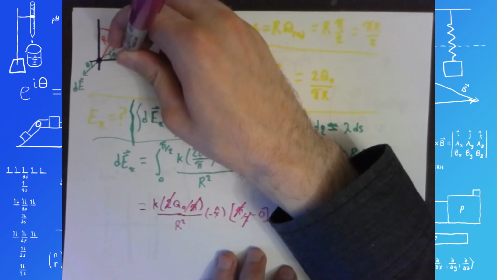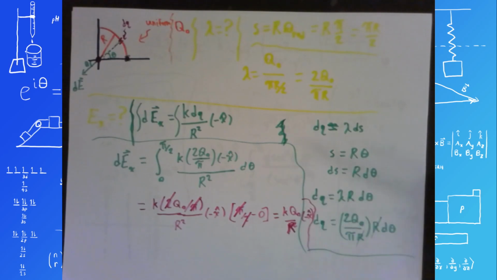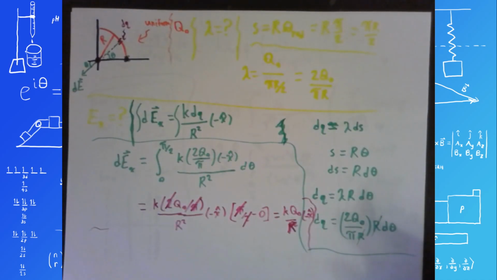If I placed a point charge right over there, and it had a magnitude of q0, then I would have gotten the exact same electric field as this arc is giving me. I think that has to do with the question that they're asking for part D, or maybe it was E.